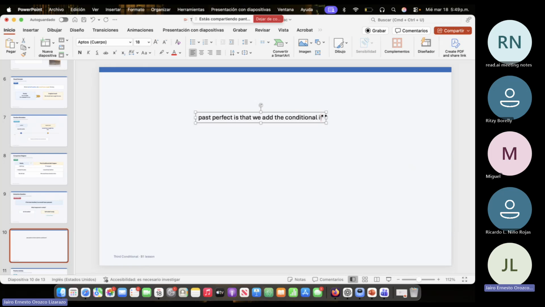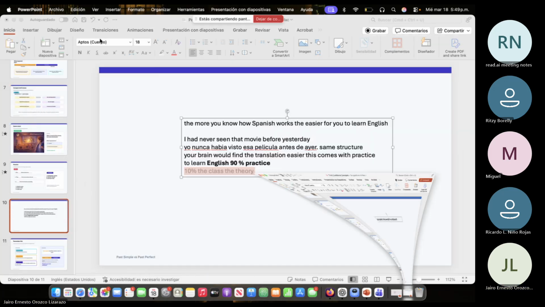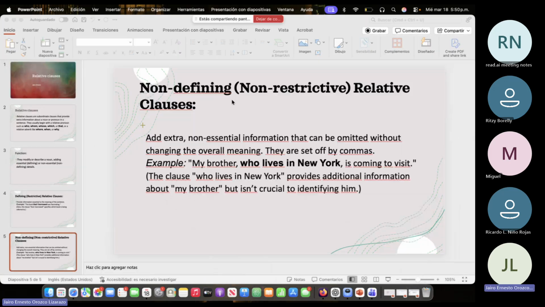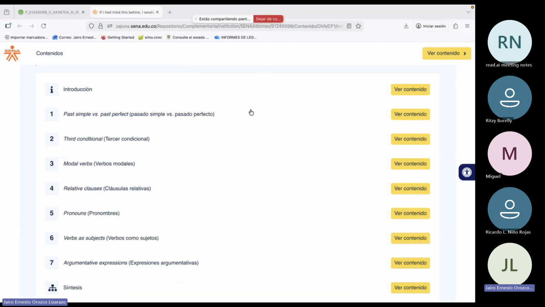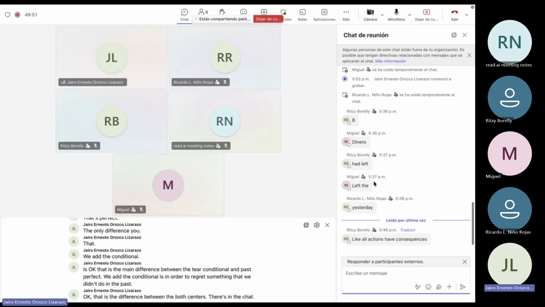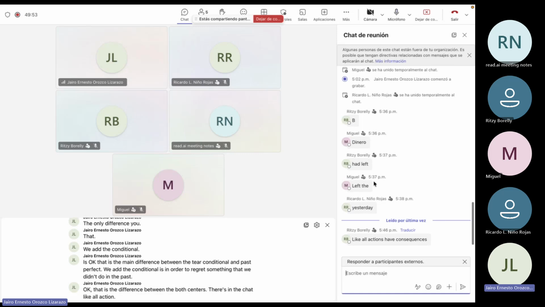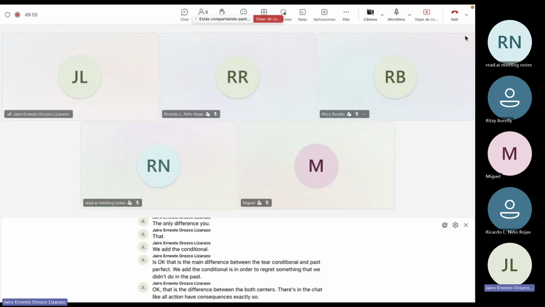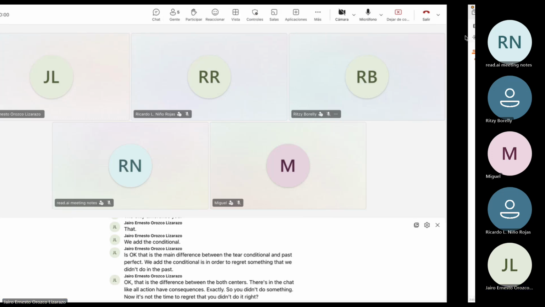That is the main difference between the third conditional and past perfect. We add the conditional if in order to regret something that we didn't do in the past. So that is the difference between the two. Something in the chat, like all actions have consequences. Exactly. So if you didn't do something, now it's not the time to regret that you didn't do it, right?